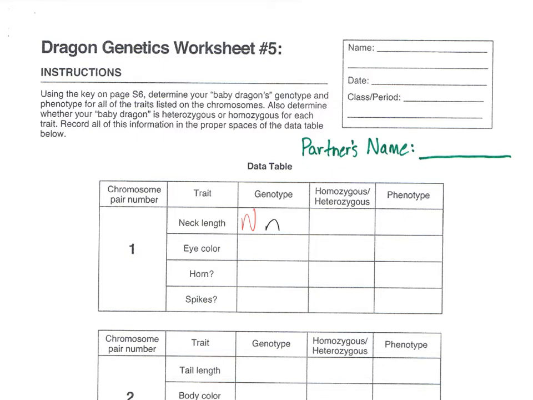You might give a little e, and your partner gives a little e. So one half of each of these alleles is coming from the mother and one half from the father. One chromosome comes from the mother, one chromosome comes from the father.